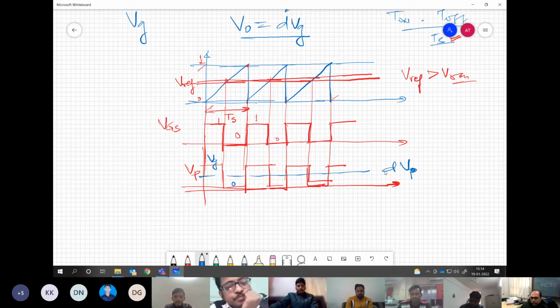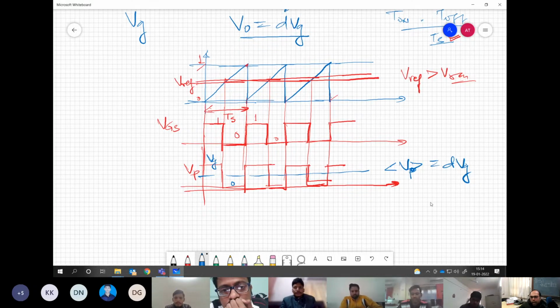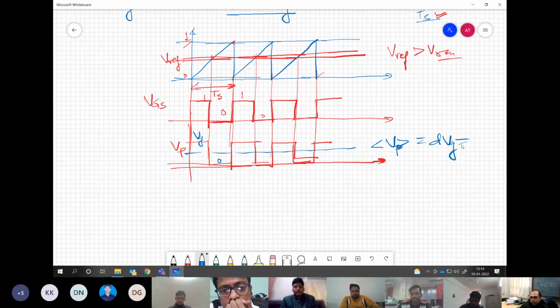So I should write the average value of VP, which is basically D times VG. Now, what I'm trying to do is correlate my output voltage with my reference voltage. Ultimately, this is what I am giving as the control variable. If I change the value of Vref, definitely this width will change and then my output voltage will go higher. You understand this point, right?